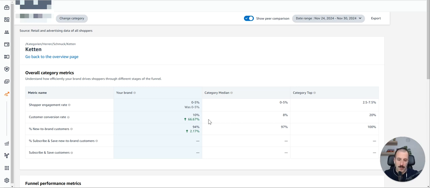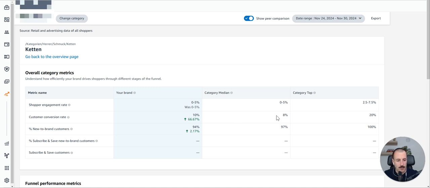Here we can see that compared to the previous week, we were up by 66%. Do the math, that can be like an increase from 8 to 10. So we were probably at the category median the previous week, and then we moved up when the Black Friday week started in 2024. Don't be fooled that this is a small percentage increase.